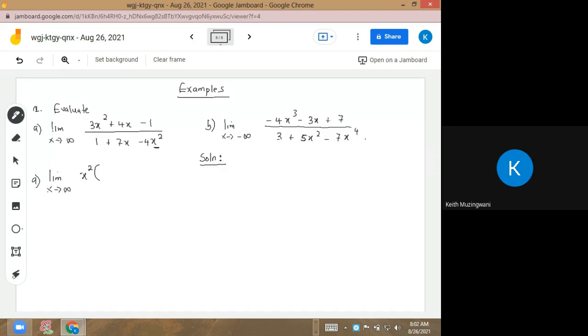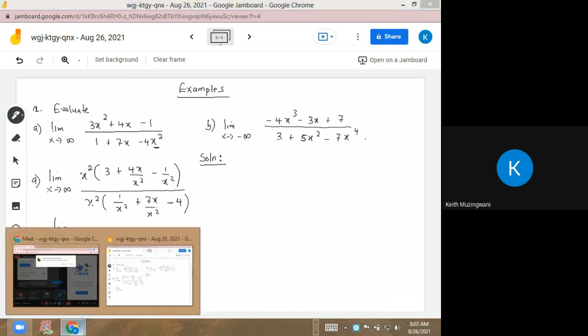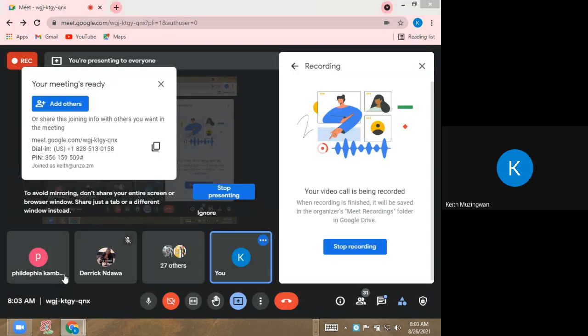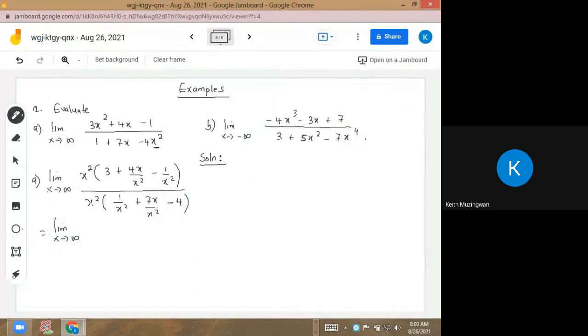We'll have 3 plus 4x over x squared minus 1 over x squared, over 1 over x squared plus 7x over x squared minus 4. And then this will give us the limit as x goes to infinity of, so you can see this and this will cancel.